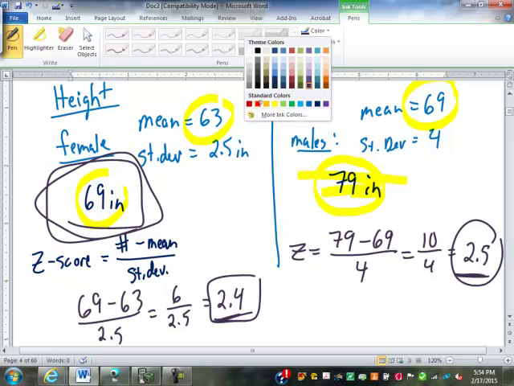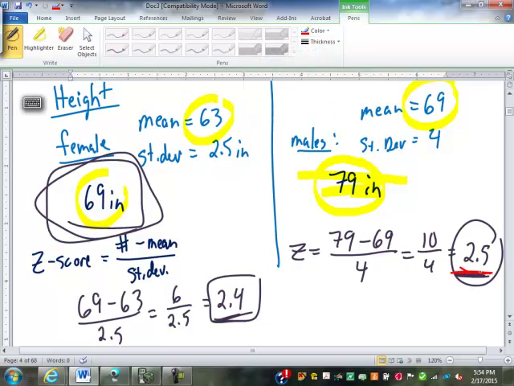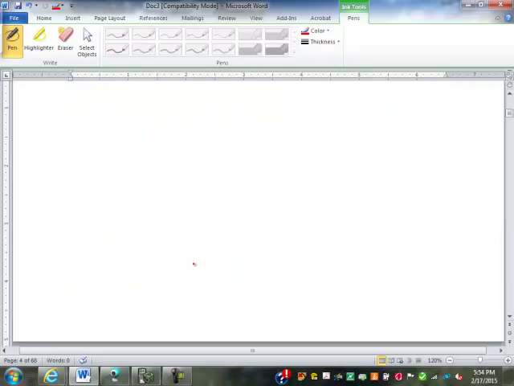So now we can say that this person has a more unusual height. They're taller, but just barely, because it's 2.5 standard deviations compared to 2.4 standard deviations. The fact that the z-score is positive indicates that the value is above the mean. Let's look at a case where the value might be below the mean.